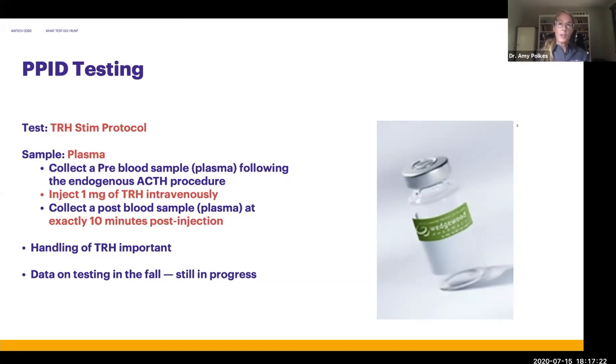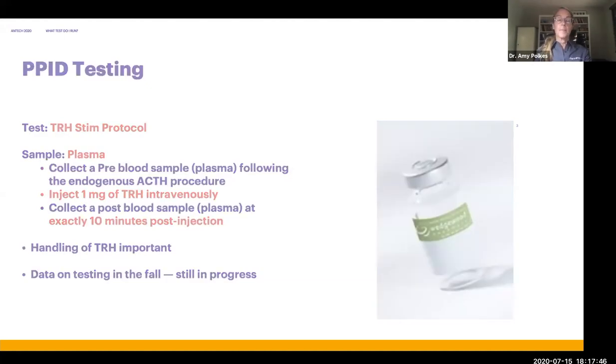But there is this equivocal range of sort of like 200 to 300 where we're not really sure if that is indicating that the horse has PPID or if that's just a product of the fall. So I do still caution, if you are going to use the TRH stim protocol, I try to stay away from the fall, but just understand those limitations.